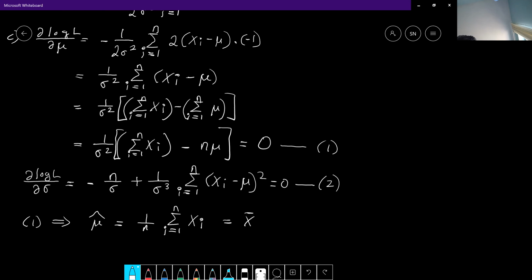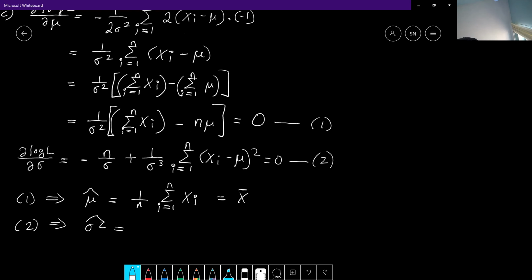And from equation 2, sorry, you can see that the solution for sigma squared hat is equal to 1 over n times the sum of xi minus mu, squared.